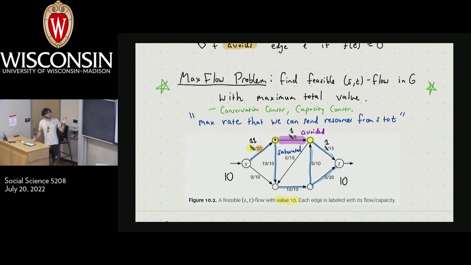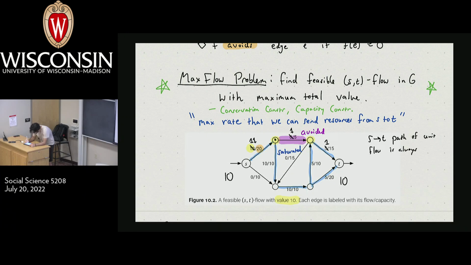So whenever you send a unit flow down a path from S to T, that's always going to satisfy conservation. It's always a flow. But it's not necessarily feasible because it could go over the capacity constraints. So any S to T path of unit flow will always be a flow.